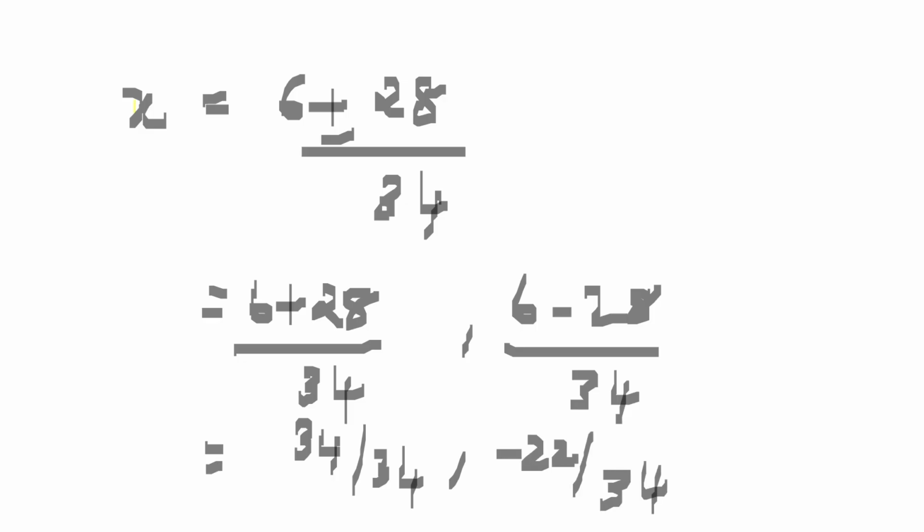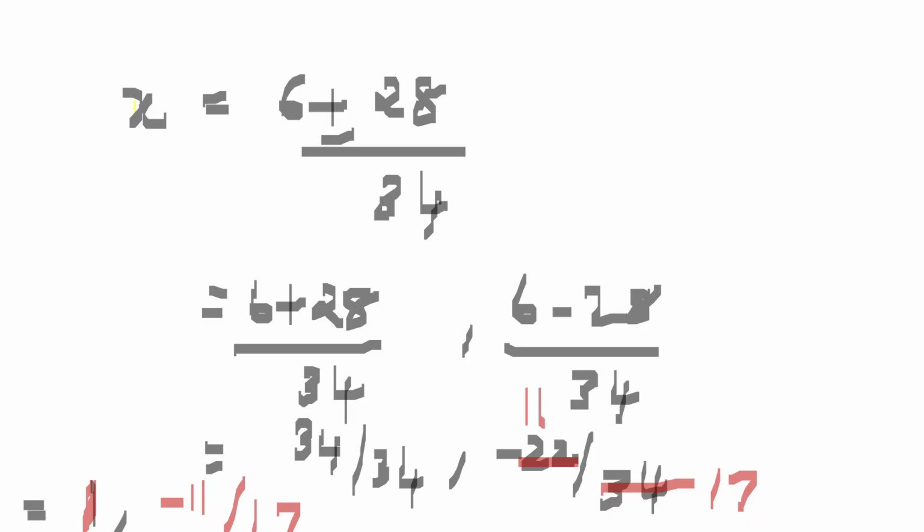So we can write the answer as 34 by 34 is 1, and minus 22 by 34 we can simplify by 2, minus 11 by 17. So we will get the answer as 1, and the second one is minus 11 by 17.